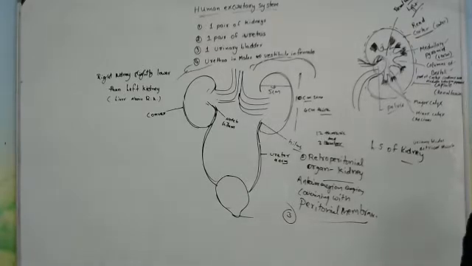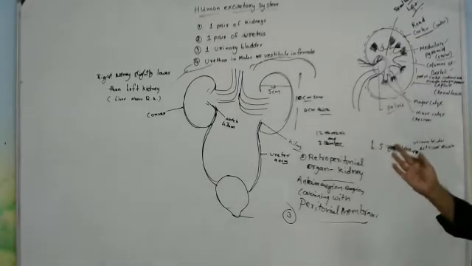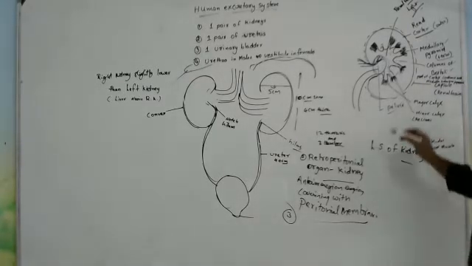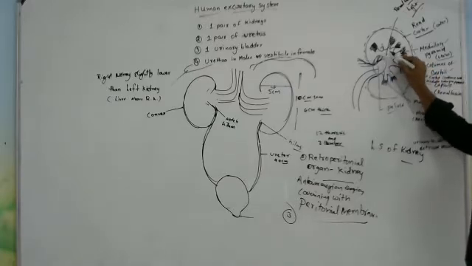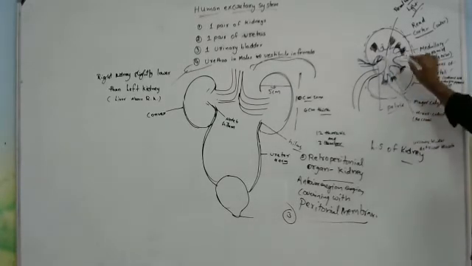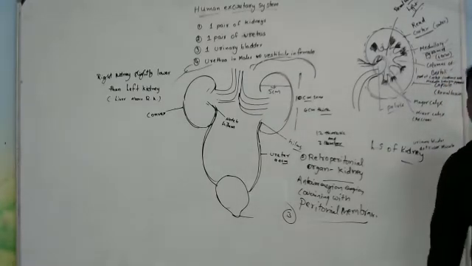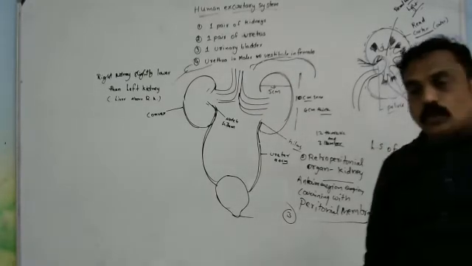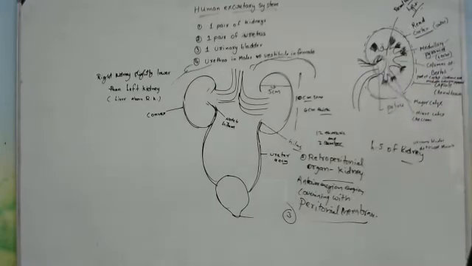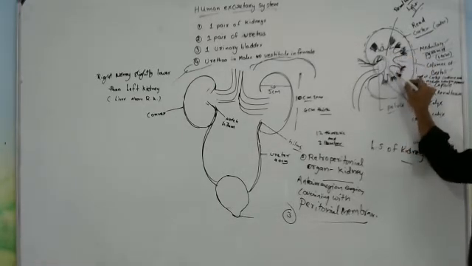You have to remember the differences between medulla and cortex. In the medullary region we will observe 6 to 20 pyramid-like structures, called medullary pyramids, approximately 6 to 20 in each and every kidney.